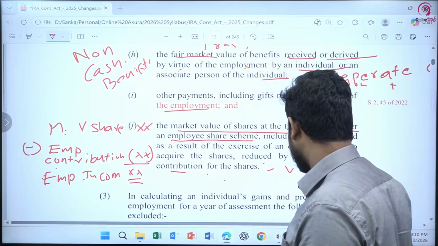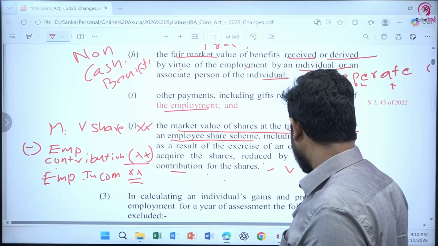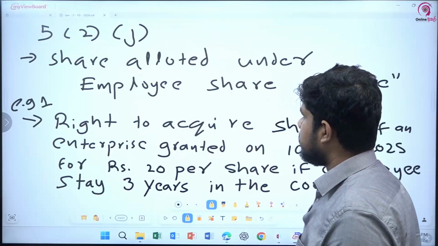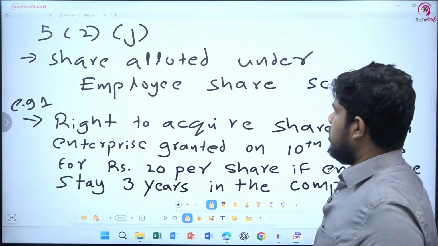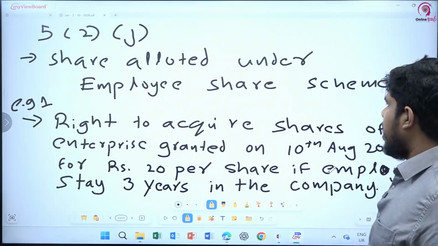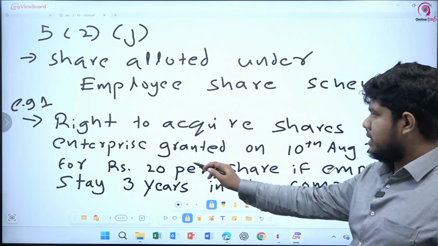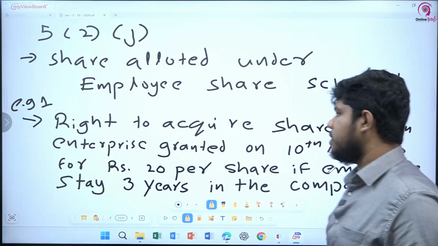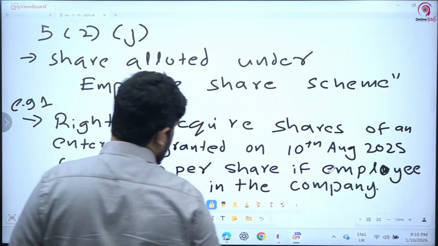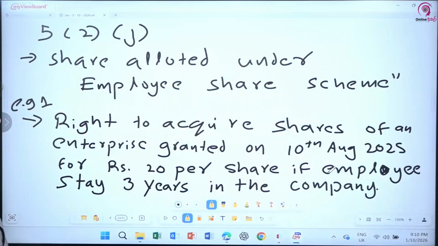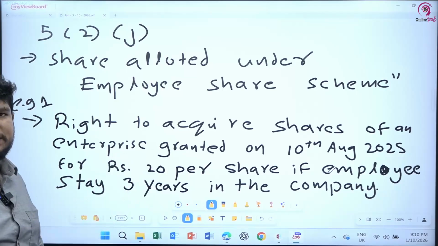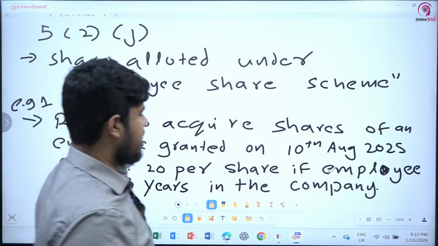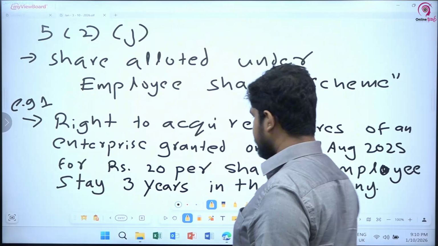For example, a right to acquire a share of an enterprise was granted to an employee on 10th August 2025 for rupees 20 per share, if the employee stays 3 years in the company, the vesting condition.